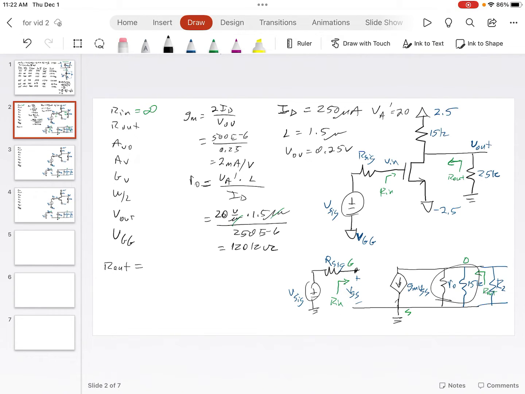So we can calculate that. It's these two, R naught and RD, in parallel. So if we put those values in, we have 1 over 15,000 plus R naught is 120K. And we get a value for R out of 13K.